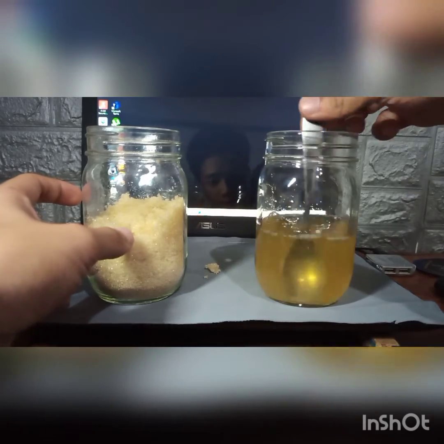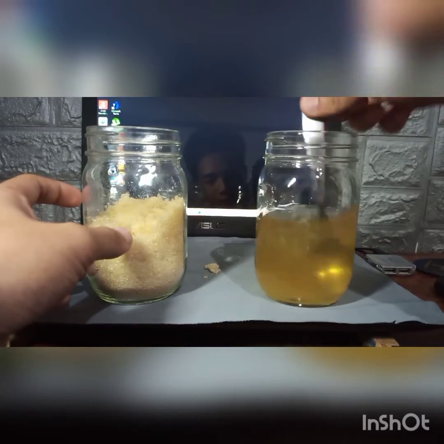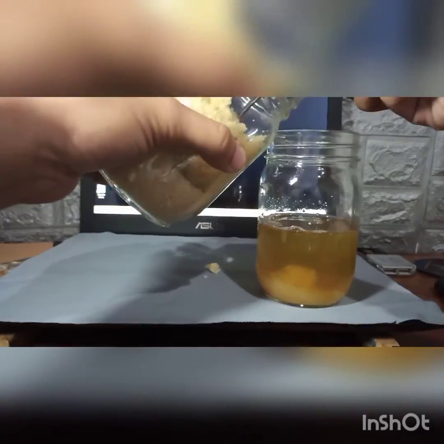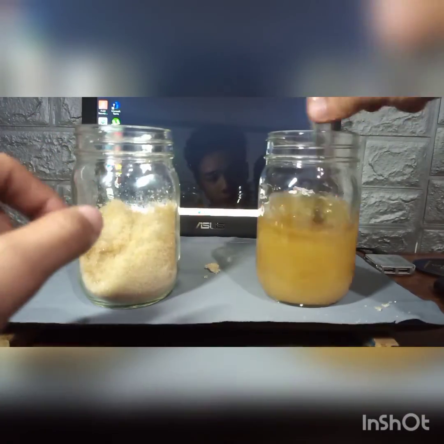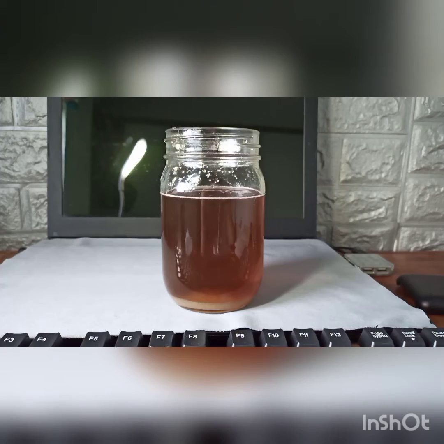So as you can see, our solution is slowly turning. Supersaturated solution contains more solute than the maximum amount of solvent can be dissolved at the given temperature.